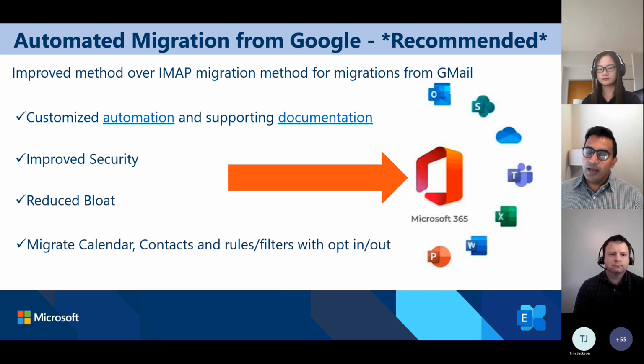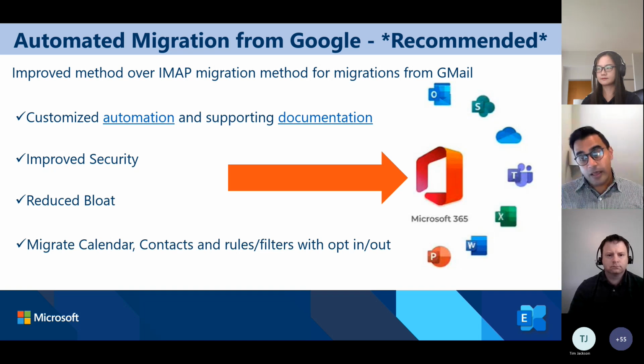So we are using a specific data model in this automated migration from Google, where we are removing some default system labels from Google when we migrate, like All Mail, and we focus heavily on the main system labels like Inbox, Sent, Drafts, etc., and also the custom labels. So you will see significant reduction in bloat without taking heavy manual actions just by using this particular method.